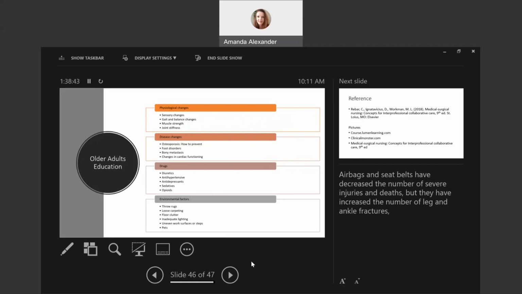If it's a foot disorder, something you might want to consider with those types of people is advising them to wear the right kind of shoes, and maybe do stretching techniques in the foot. If it's a bony metastasis, then we're really going to be trying to just alleviate pain symptoms and change in cardiac function. As far as our education for our older adults, we need to make sure that they stay active, that they're changing positions, that they move from one position to the next gradually without standing up too quick because they can have orthostatic hypotension.